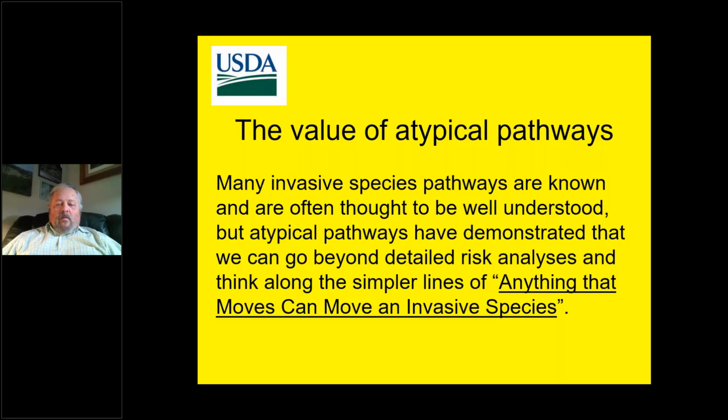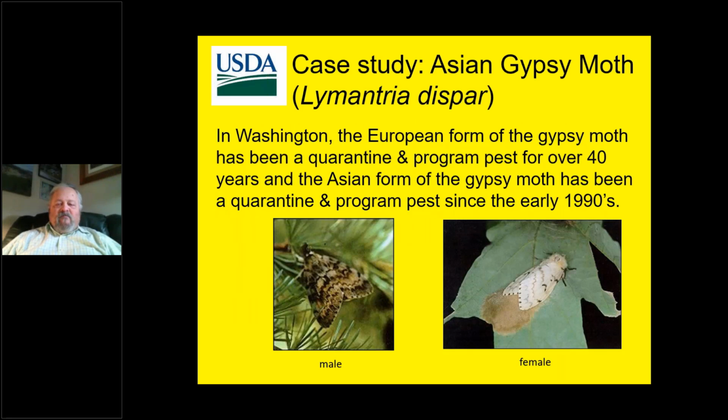So to help demonstrate this is a good case study involving the Asian gypsy moth, Lymantria dispar. Now here in Washington, the European form of the gypsy moth has been a quarantine and program pest for over 40 years. And the Asian form of the gypsy moth has been a quarantine and program pest since the early 1990s.